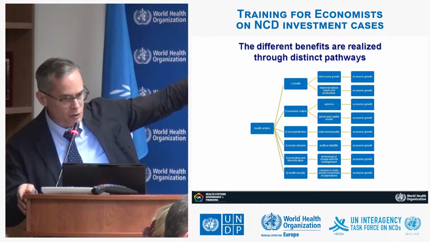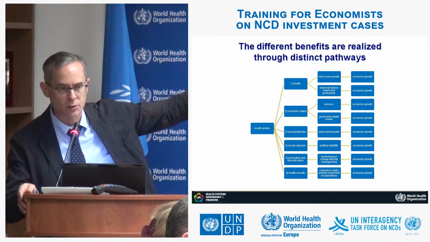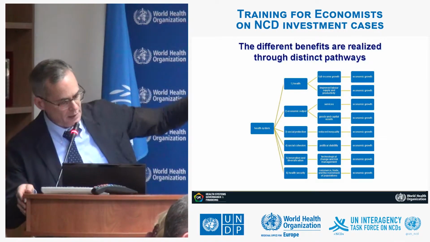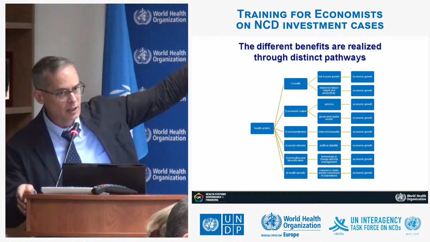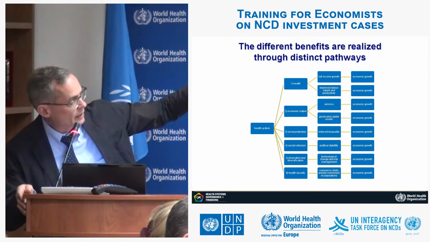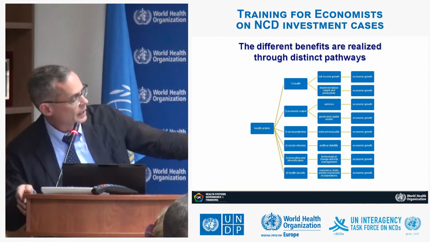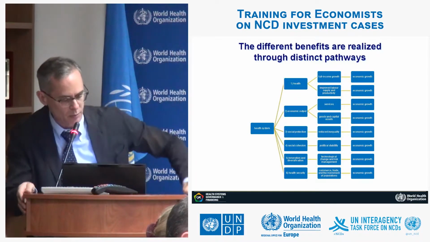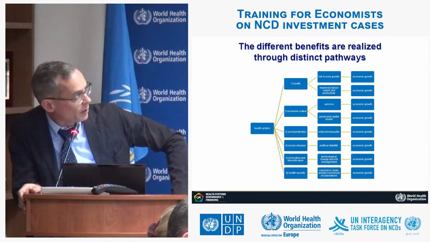And one of the first causal effects or impacts of the health system is in the box labeled number 1, that is called health, in the second column at the top. So that's what we've been talking about.